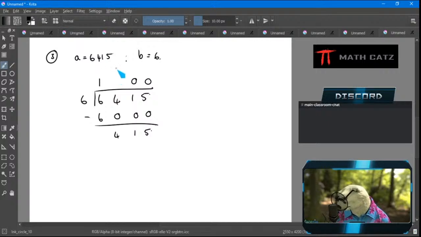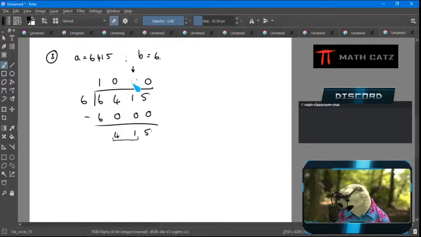Maybe little arrows at the top, whatever works. And so I have 400s left. 6 goes into 400s 0 times. I've used nothing, and that's why I can move on to the next one. I do have to look at it. Then I'm in the tens column. I see I have 41 tens left.